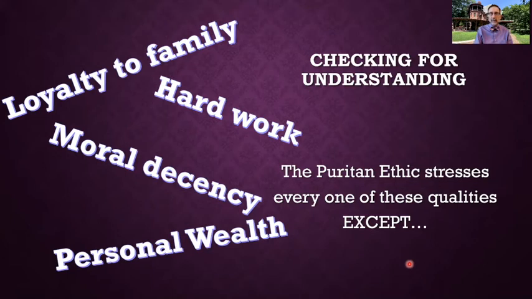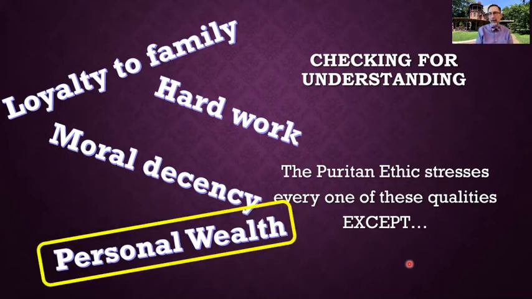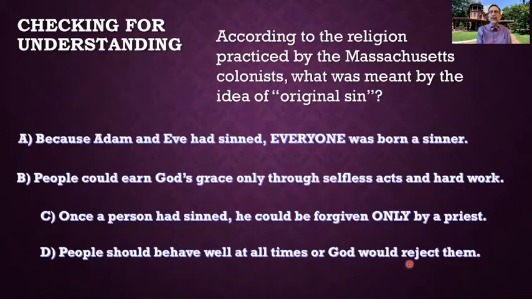Pick the one that doesn't belong. And I'm sure you picked personal wealth. At this point, it was all about surviving in the new world. And so family and community and giving to that community were most important. Individual wealth was not. In fact, many of the people who were here actually produced wealth for people back in Britain.